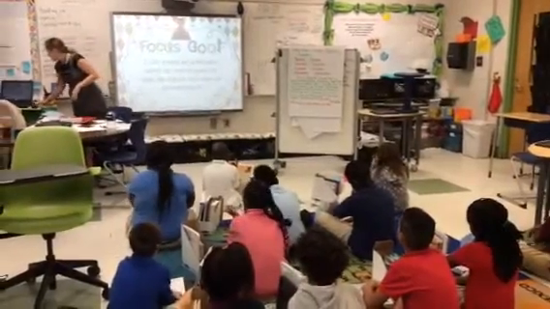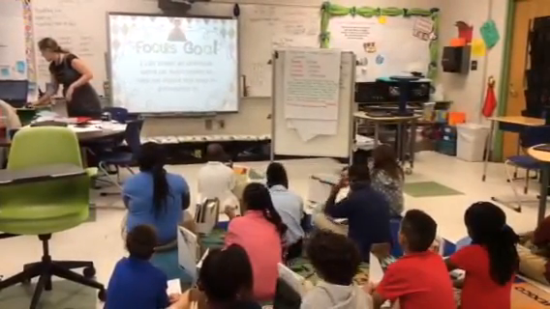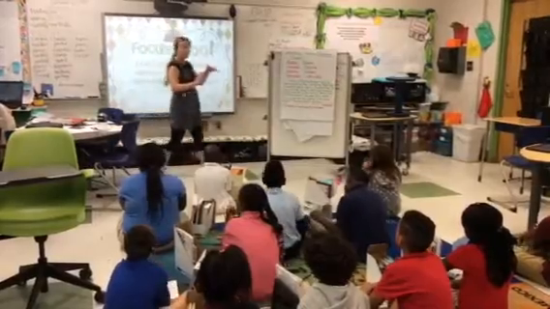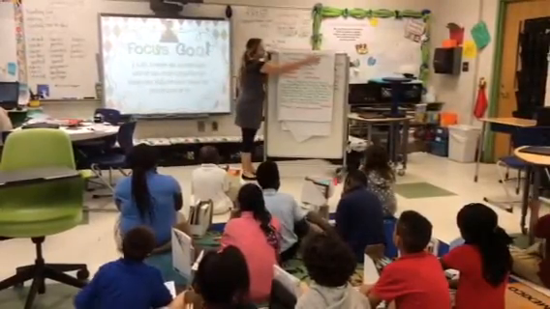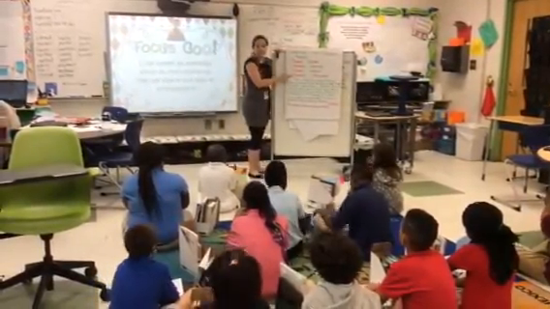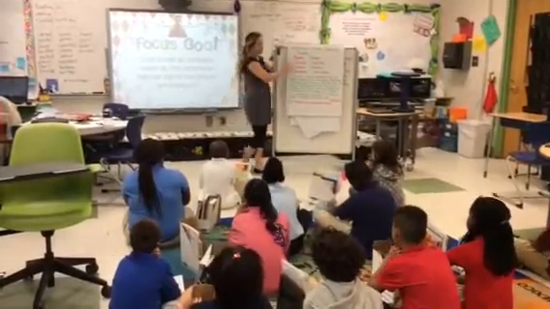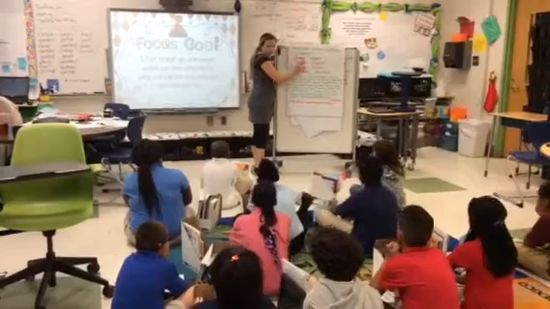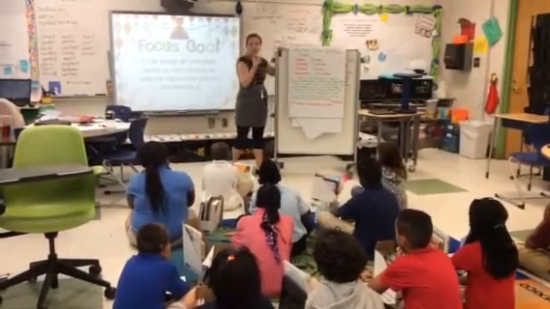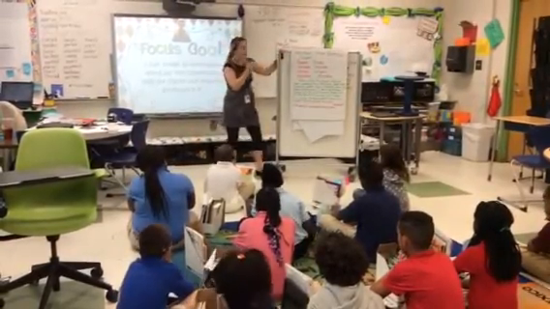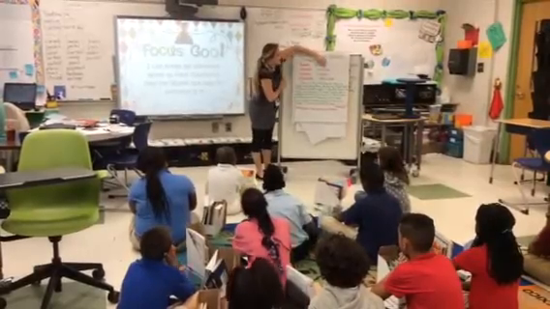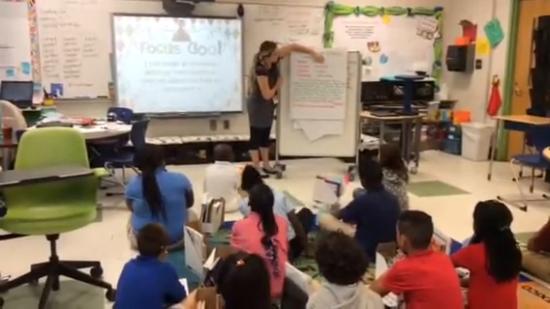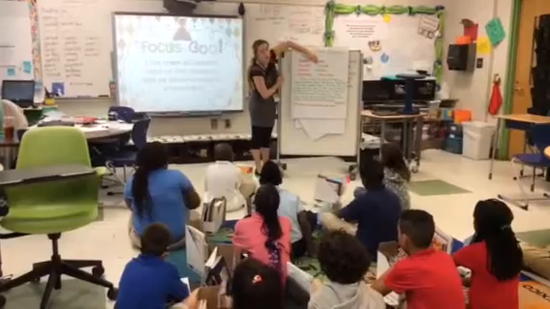So let me show you an example of what chunking looks like. So I have chunking here, and here are some examples. So I'm reading and I see this word, and I don't know what this word is. So I can chunk it into two words. I actually know that that word is run and that word is away.